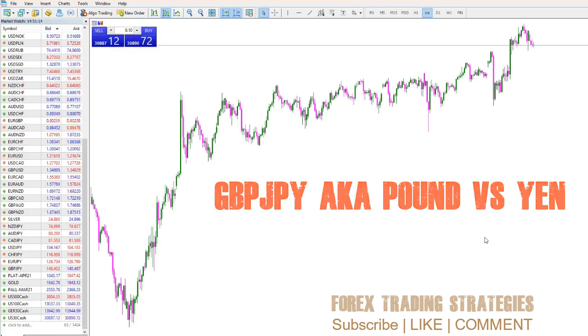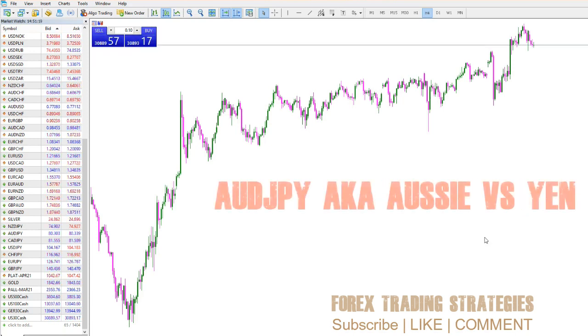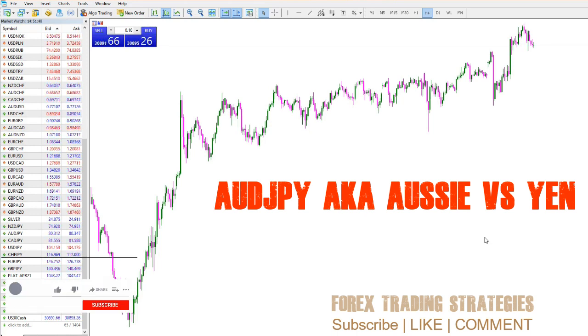Then certainly you need to watch out for the Aussie dollar versus the Japanese yen. The Australian dollar might not be as strong as the US dollar or the GBP, but it's certainly a strong currency in Asia. So when you're trading the Australian dollar versus the Japanese yen, another strong currency, you are again wrestling one strong currency against another.